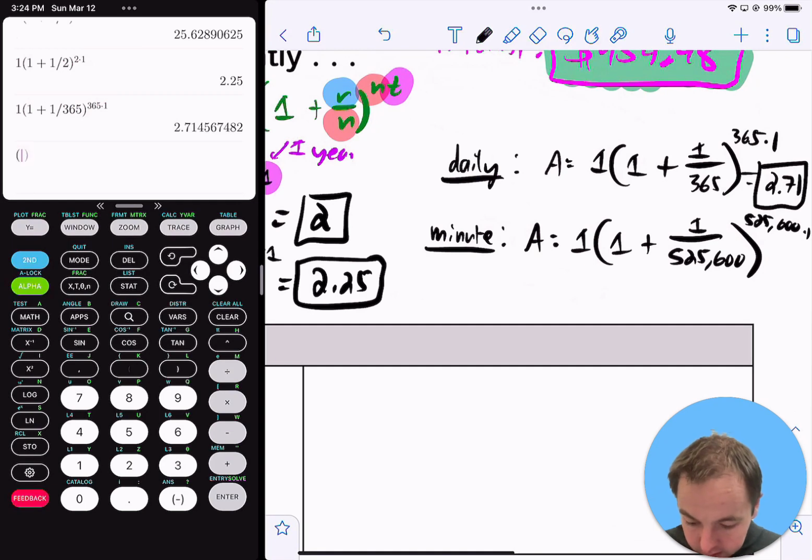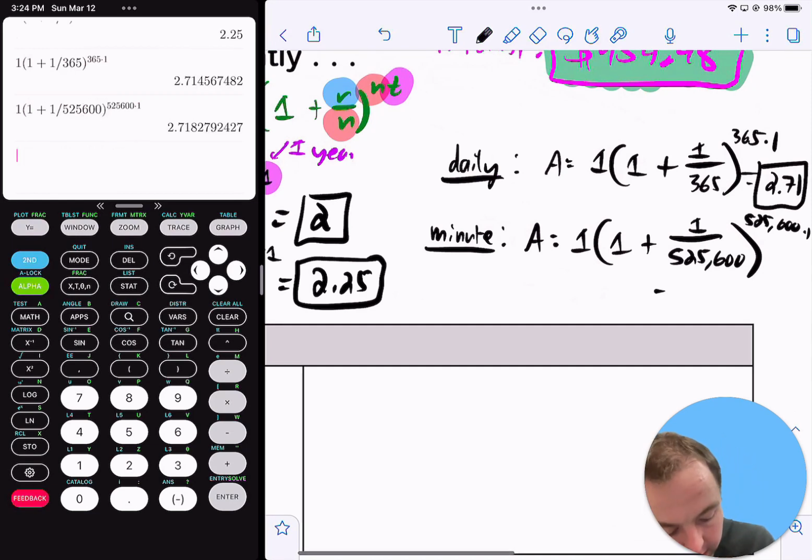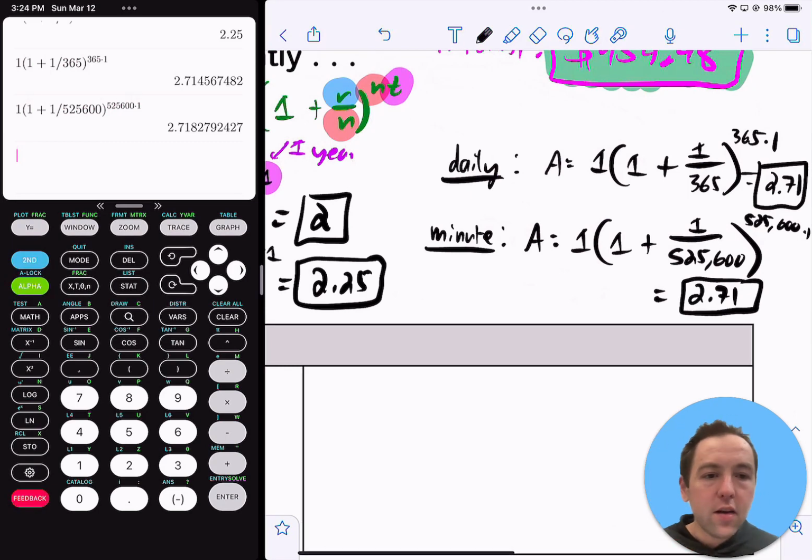So in our calculator then, we would end up getting about 2.71 again. So it's not really all that different from daily, right? So we could try to compound this a whole bunch.